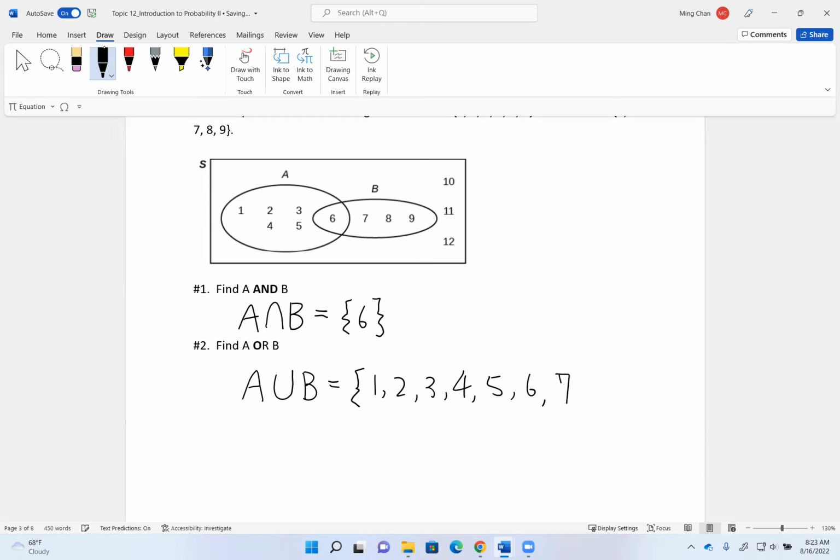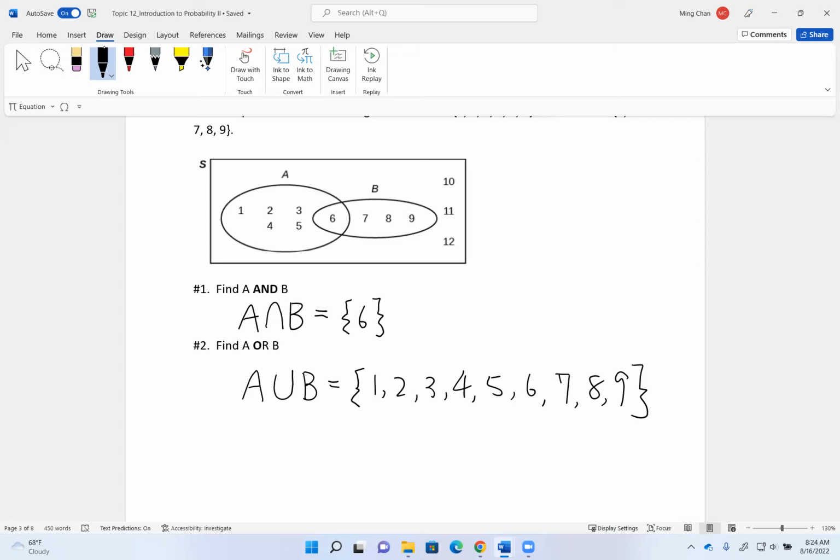We can just continue, or I can pick what's in B, 7, 8, and 9. So you win if you draw what's in A, or if you get what's in A or in B.